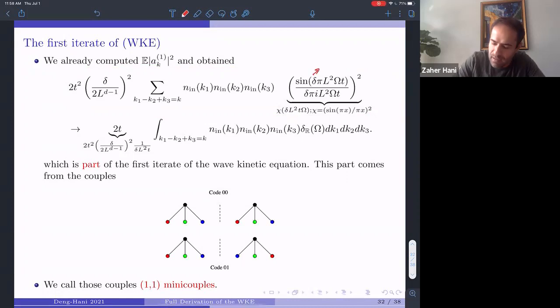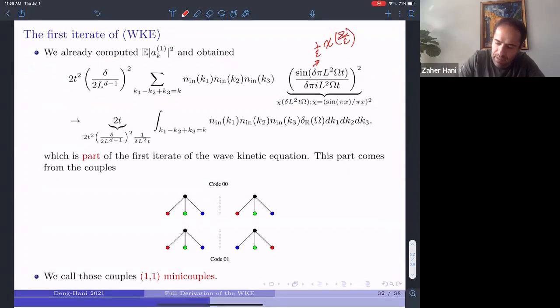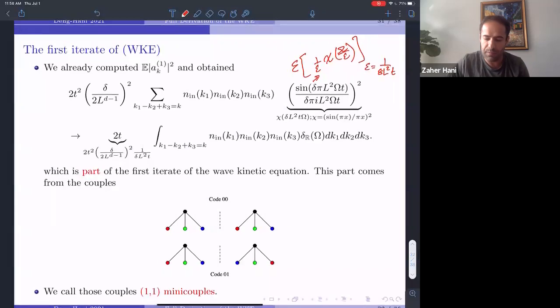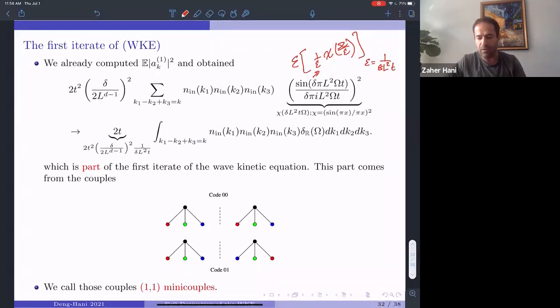So think of this as 1 over epsilon, chi of omega over epsilon, where chi is given over here, and epsilon is 1 over delta L squared T. Since L is going to infinity, we do this approximation of identity, although from a rigorous point of view this is far from being as easy as a usual approximation of identity, because this omega is a nonlinear factor. But let us neglect this complication.